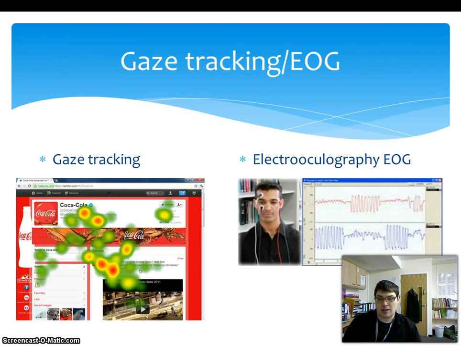The next thing that we'll consider is gaze tracking and the electrooculograph, or EOG, for obvious reasons. Gaze tracking is quite a modern phenomenon and has really come up. It will be able to show you where you're actually looking on the screen.